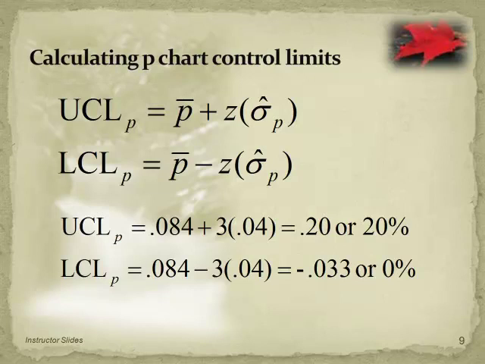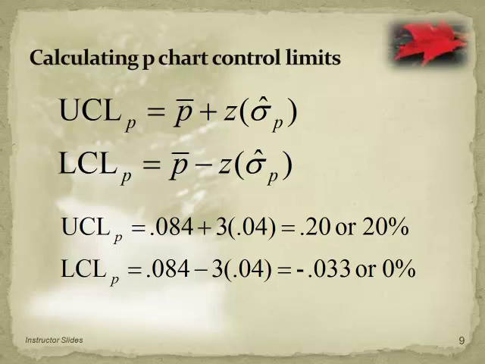So now that I know P bar and sigma sub p, I can calculate the control limits. P bar is 0.084, sigma sub p is 0.04, and my z value will be 3 because the problem asked for a 3 sigma control chart.